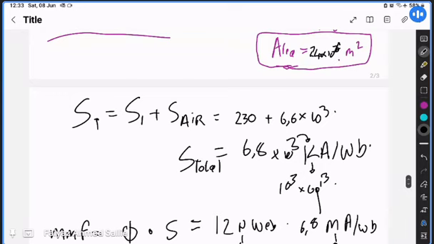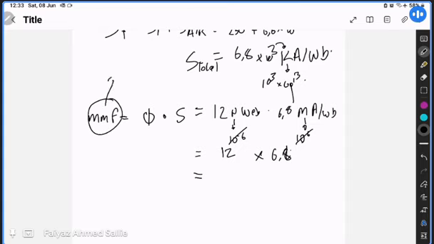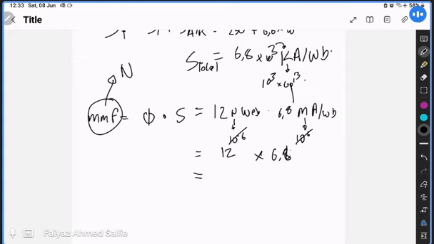So are there any questions? Oh wait, 6.8. We know the formula for this is equal to the number of rotations multiplied by the current, and we want to get the current, right?